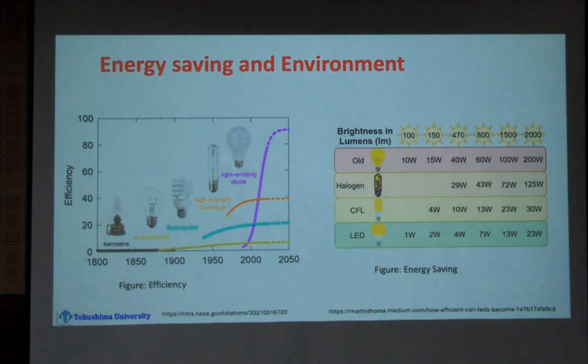When we started creating light, first we created it like this. We were using kerosene or oil and some kind of cotton strip, and we were creating such kind of lighting thousands of years ago. And after that, maybe the incandescent lamp, then fluorescent, then high intensity discharge lamp, and after that the light emitting diode.